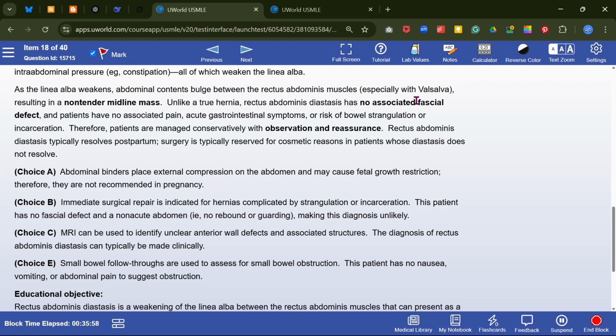MRI can be used to identify unclear anterior wall defects and associated structures. The diagnosis of rectus abdominis diastasis can typically be made clinically.